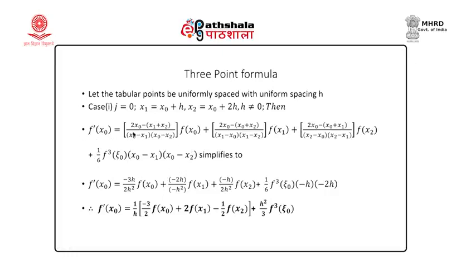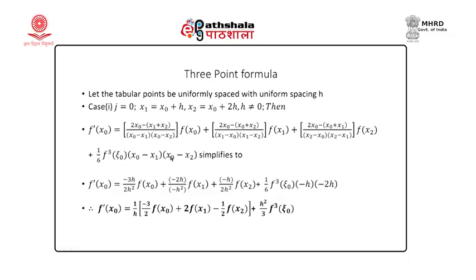So, f dash x0: in the formula of L0 dash xj, I am putting x equal to x0, we get 2x0 minus x1 plus x2 upon the denominator, the product x0 minus x1, x0 minus x2, f x0, plus the second term, 2x0 minus x0 plus x2, x1 minus x0 into x1 minus x2, f x1, the third term will be 2x0 minus x0 plus x1, x2 minus x0 into x2 minus x1, f x2, and the error term 1 by 6 f3 at the point xi0, we are calling it, and the product of xj minus xi, where xi is different from xj.